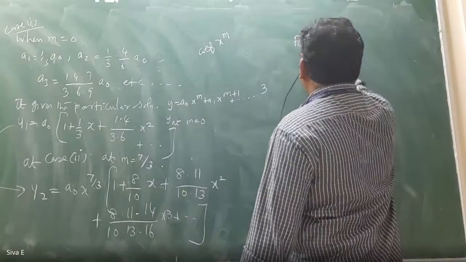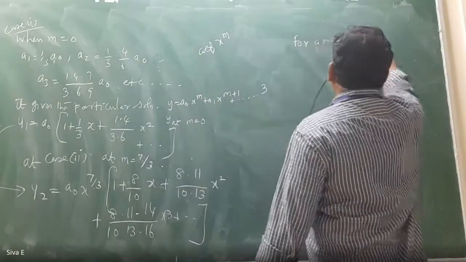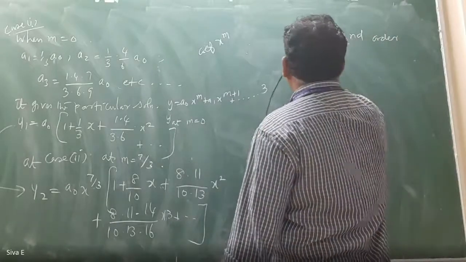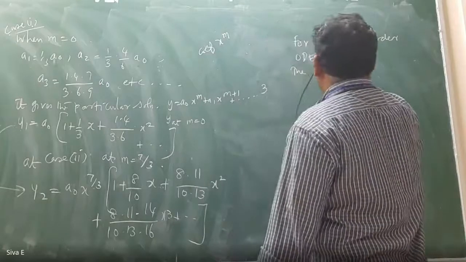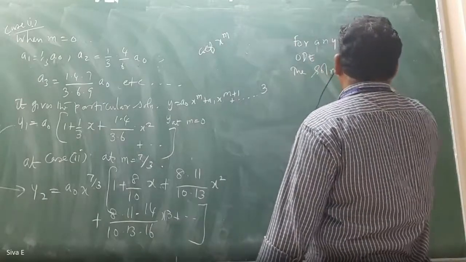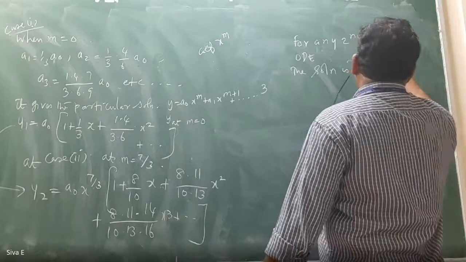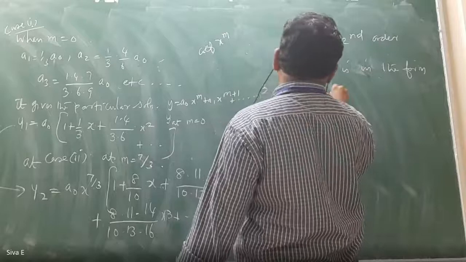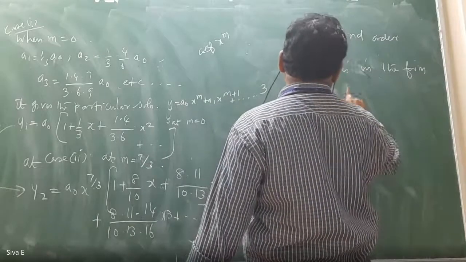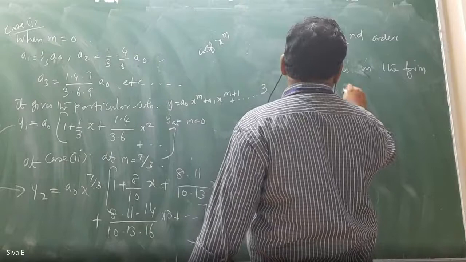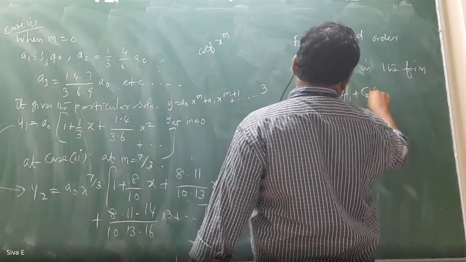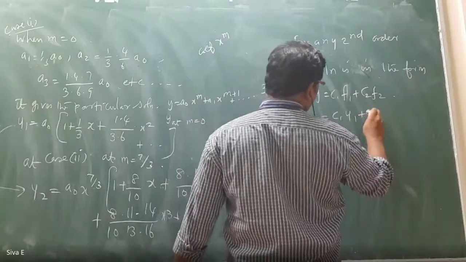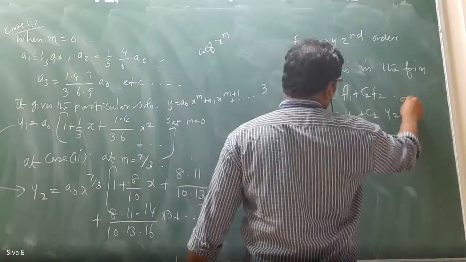For any second order ODE, the solution is in the form of y equal to C1 F1 plus C2 F2. Otherwise, C1 Y1 plus C2 Y2.